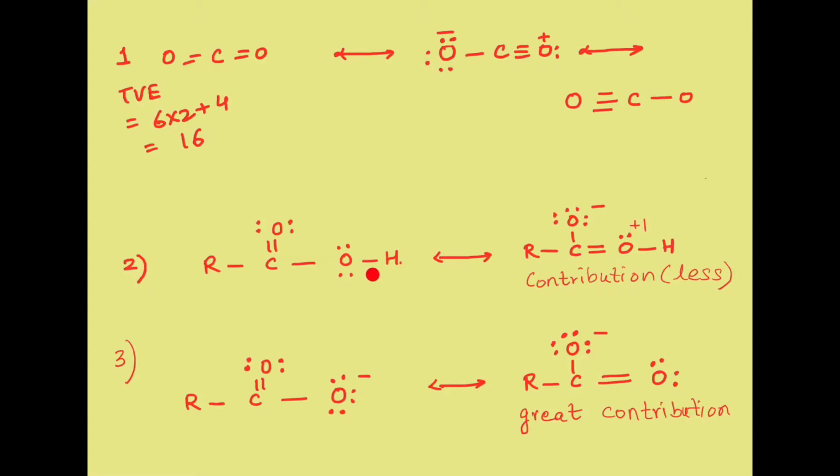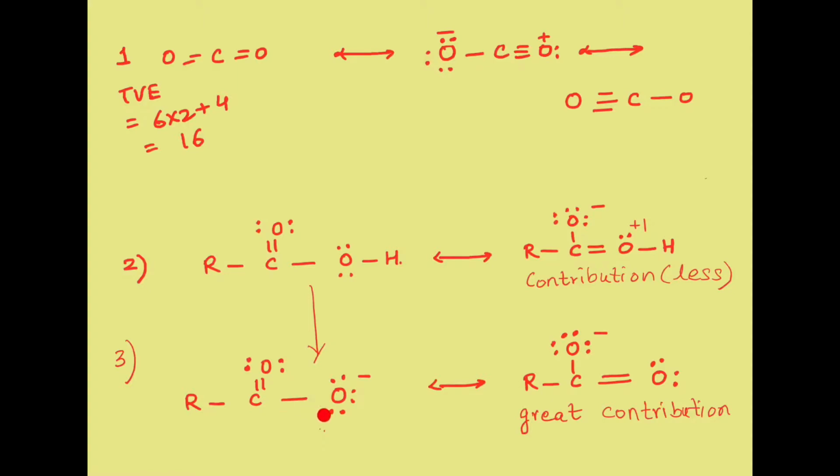So here in the case of carboxylic acid, when carboxylic acid loses a proton, that means, loses H positive. So what happens over here? It forms the carboxylate ion.